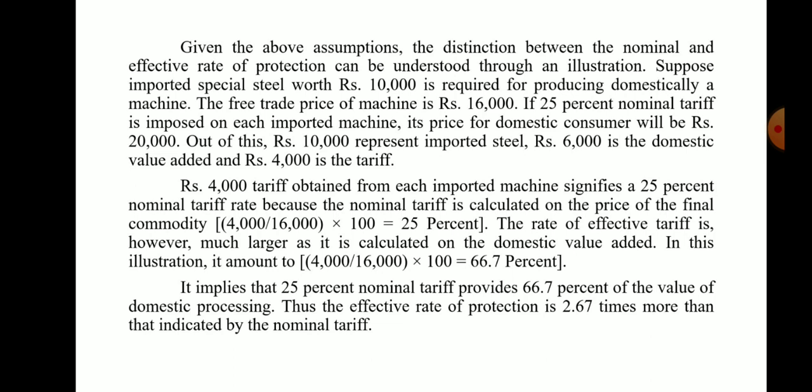Rupees 4,000 tariff obtained from each imported machine signifies a 25% nominal tariff rate because the nominal tariff is calculated on the price of the final commodity, that is 4,000 divided by 16,000 multiplied by 100 equals 25%.